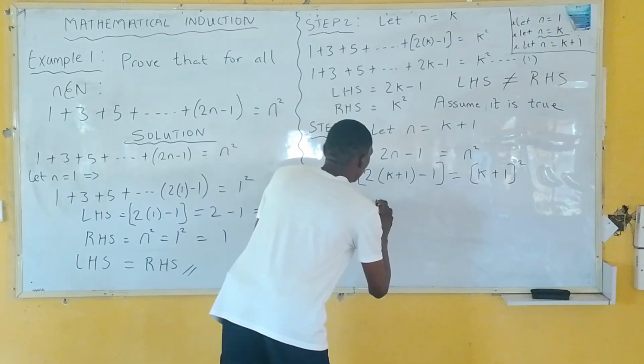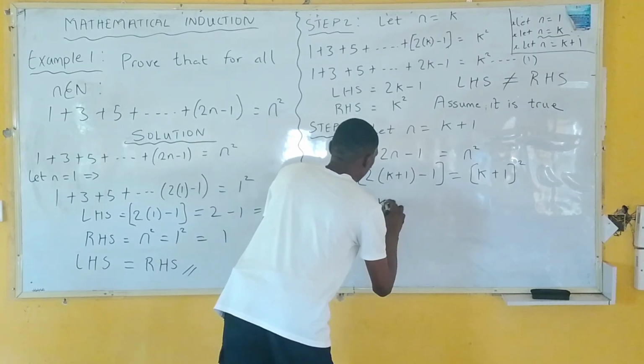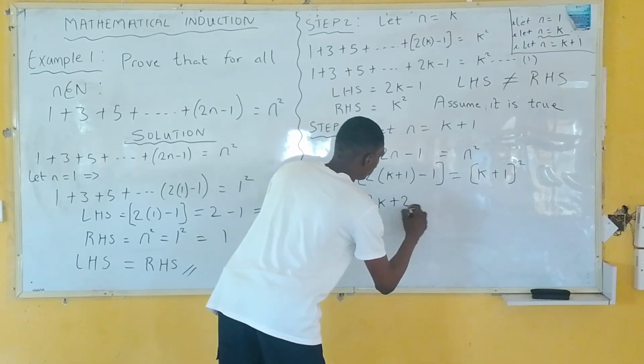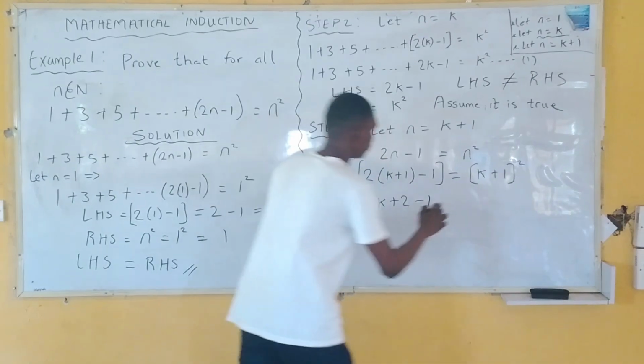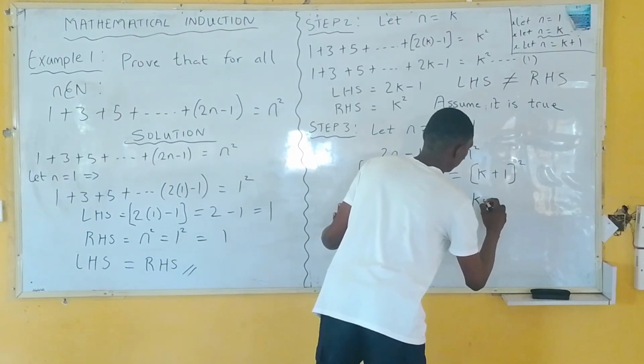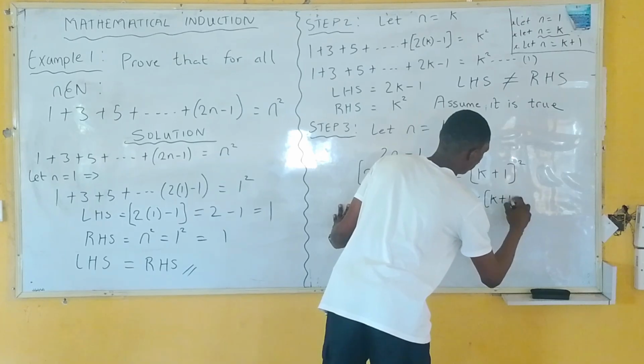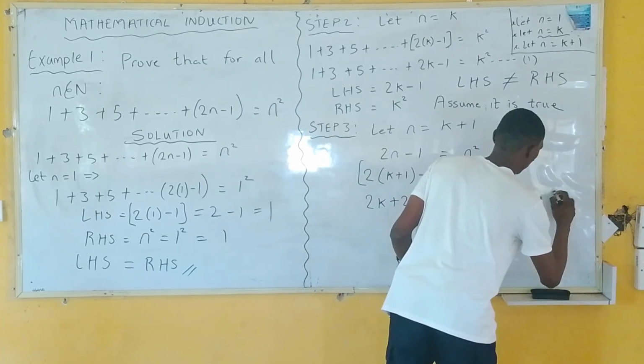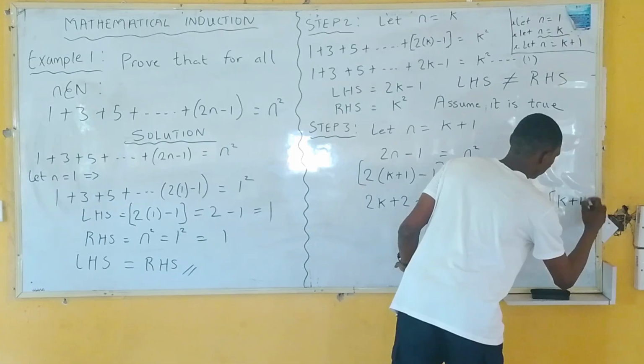So if this one is equal to 2k plus 2 minus 1, equal to k open bracket k plus 1, plus 1 open bracket k plus 1.